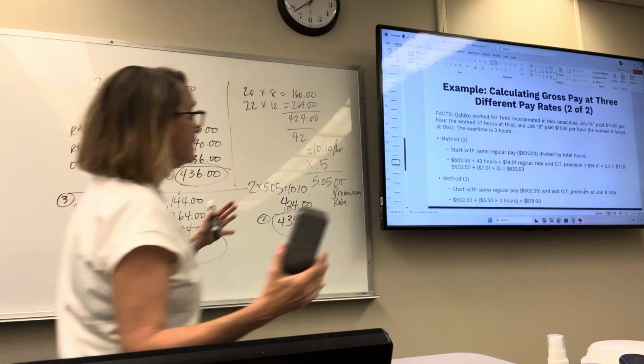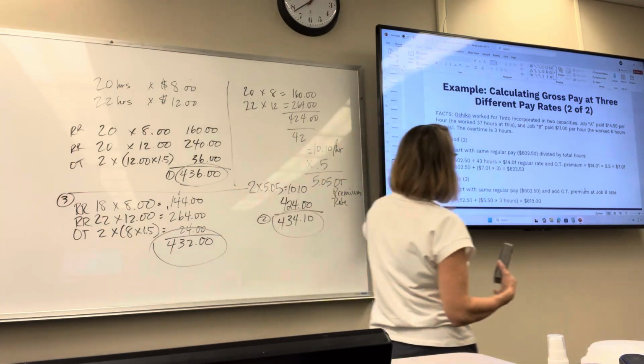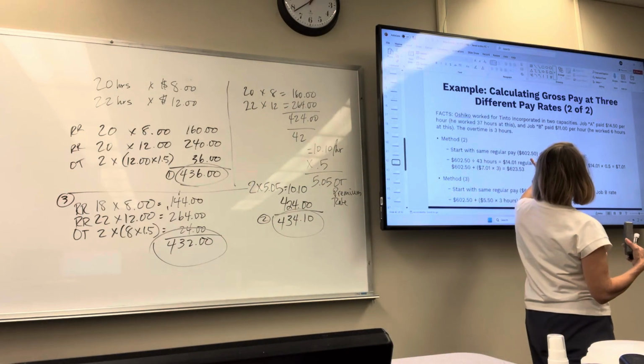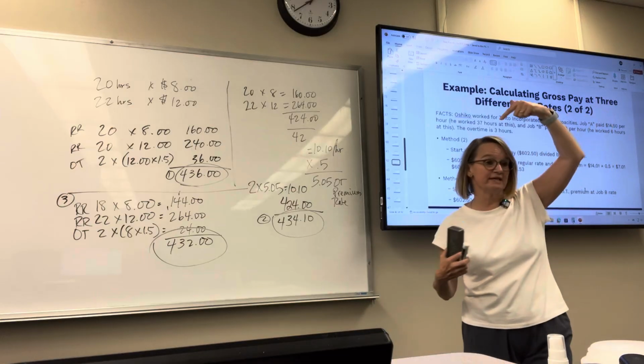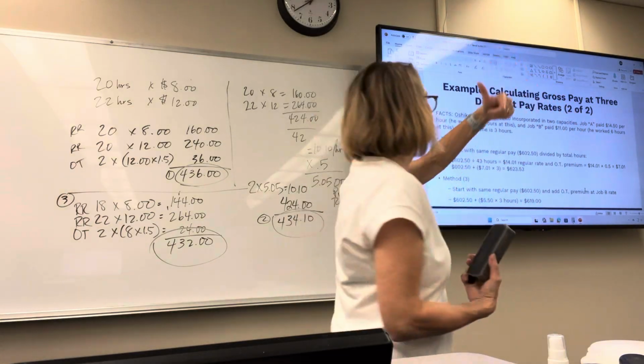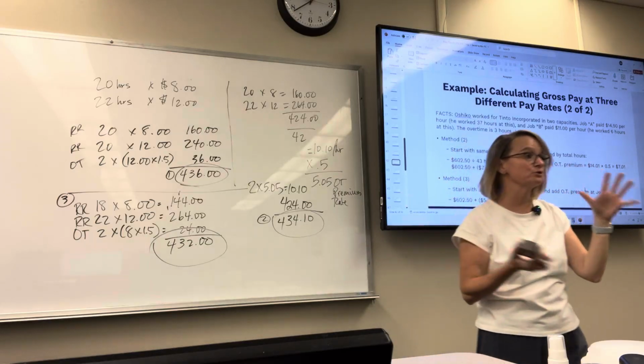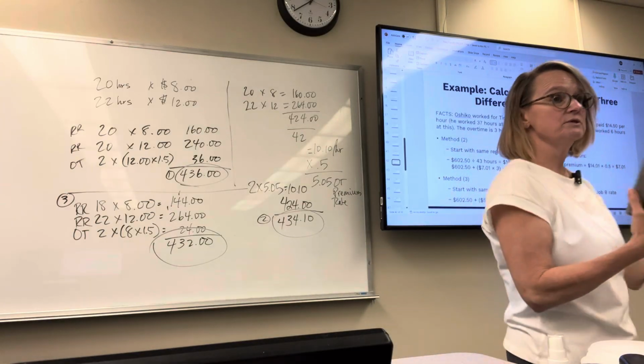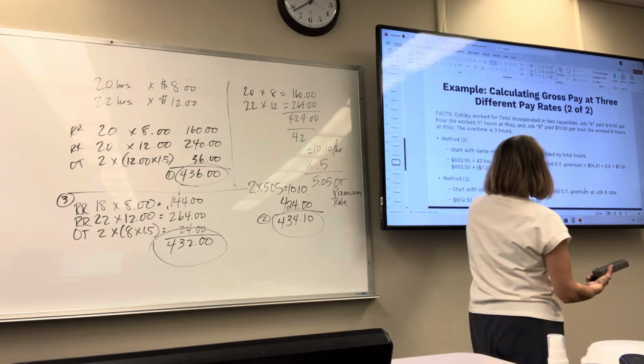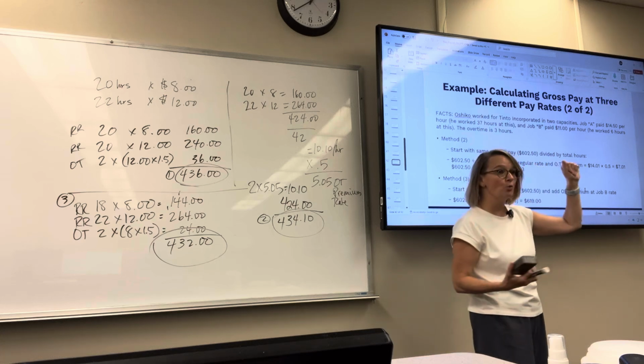Method 2, this is our weighted average. So we start with the same regular pay, that $602.50, which they calculated on the last slide. And then we divide that by the total number of hours worked, 43 hours. This gives us our weighted average rate. Hourly rate is $14.01.